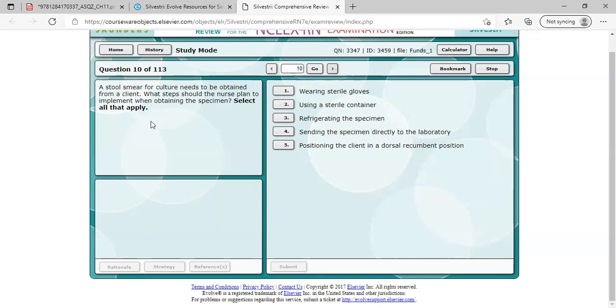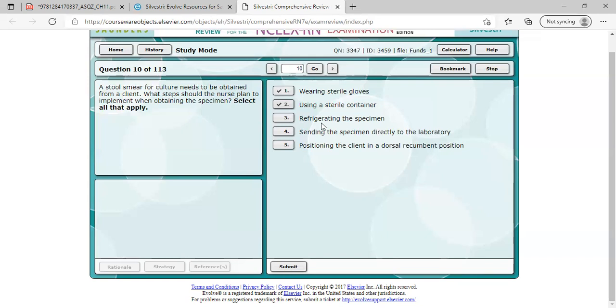Select all. So, wear a sterile gloves, definitely. So when we collect a specimen like stool, we always use the sterile gloves. Also, use a sterile container, definitely sterile container.